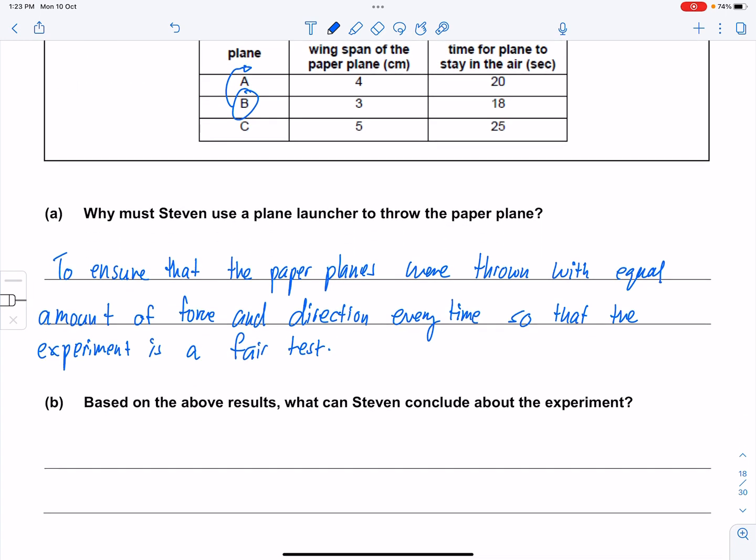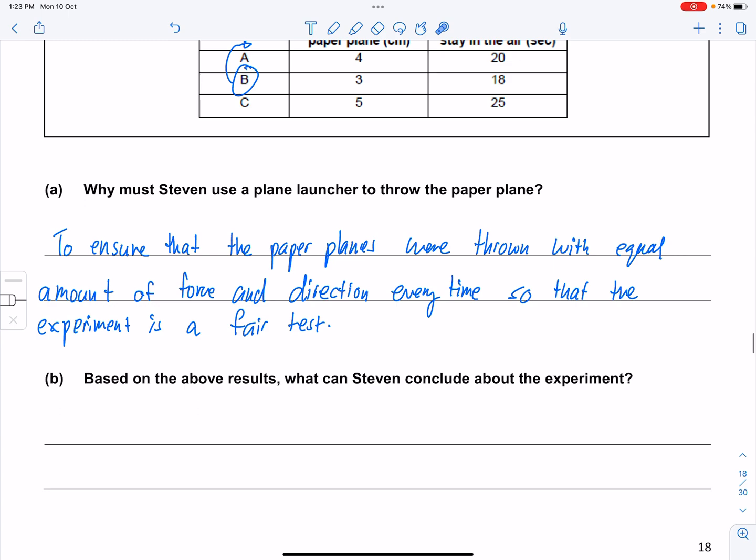So based on the above results, what can Stephen conclude about the experiment? So you see, even before I reach the question, I already rearranged this. Okay, so I know that as the wingspan increases, the time for the plane to stay in the air increases as well.